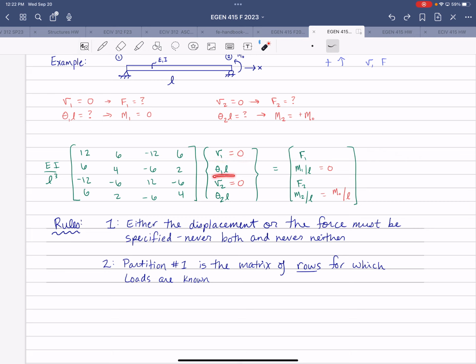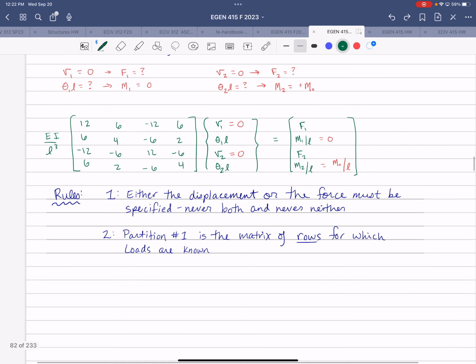In each row, we know one or the other, not both and not neither. Second rule is the first partition will be the matrix of rows for which loads are known. And I'm actually going to amend that to say forces. It is loads, but I guess it's fine to leave it as loads.